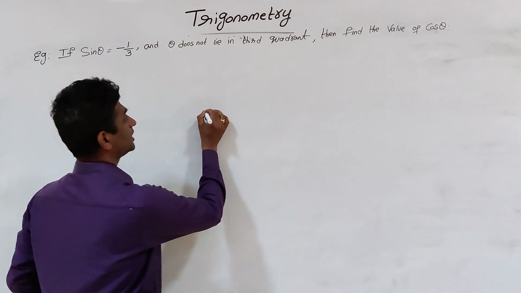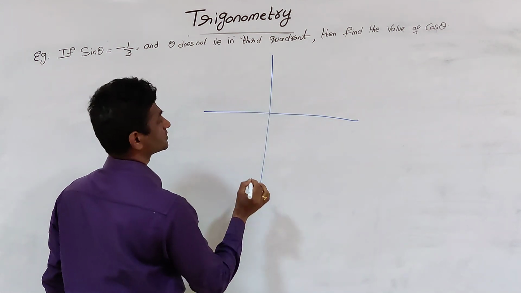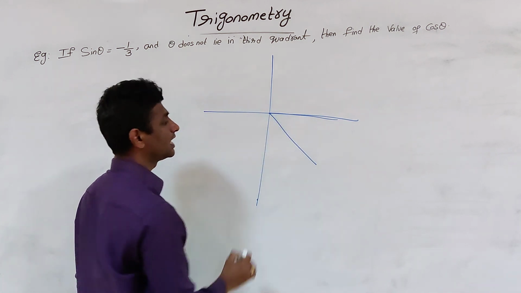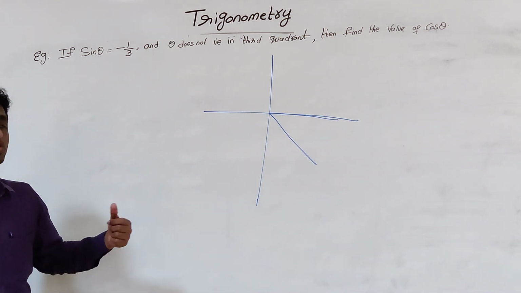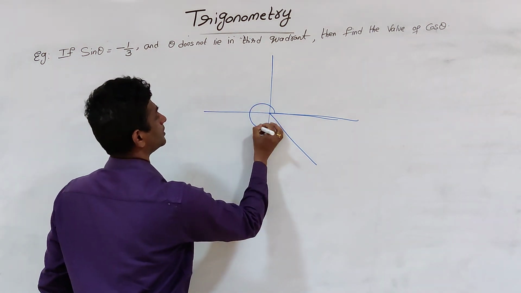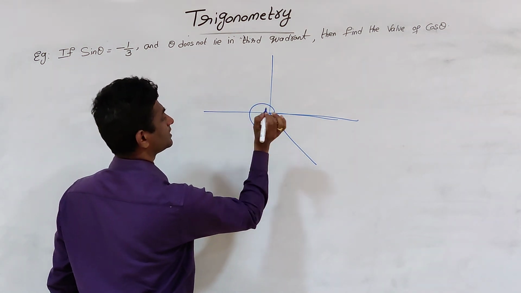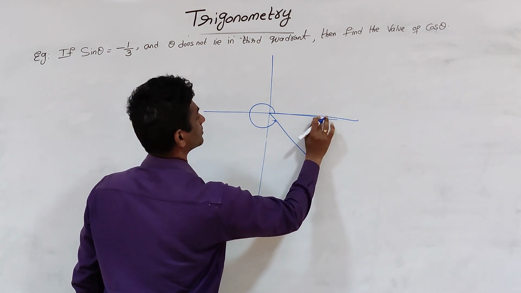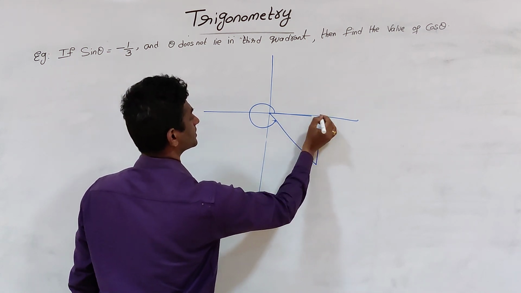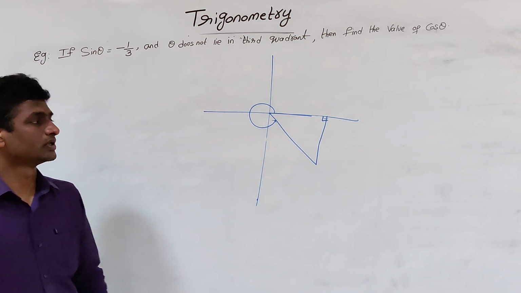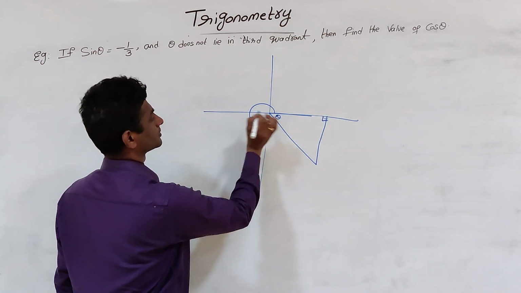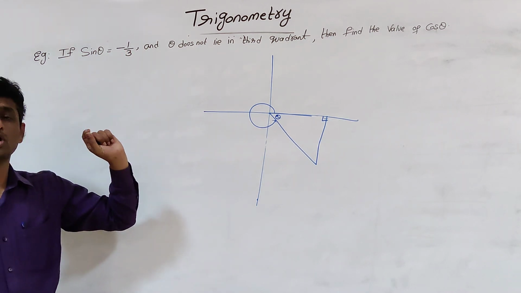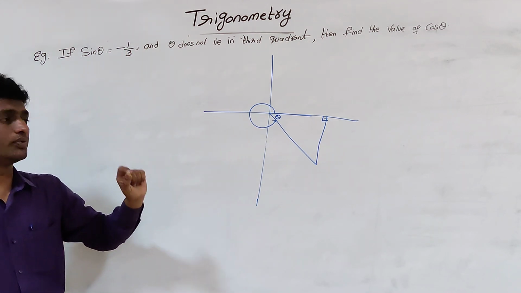So if you consider the xy plane, this is the initial ray and the angle will lie in the fourth quadrant, so this will be theta. If you draw a perpendicular line from the point to the x-axis, it will be 90 degrees. Sin theta is minus 1 by 3, means opposite side by hypotenuse.